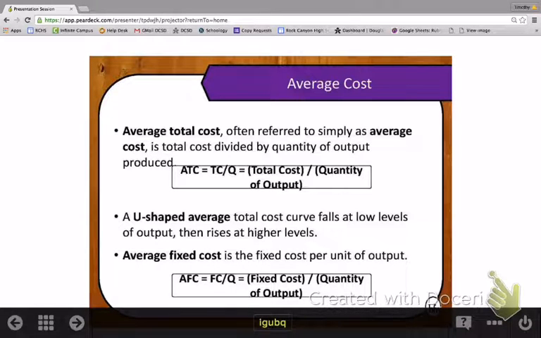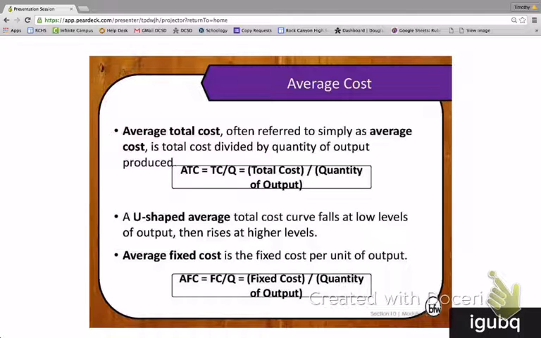Another important concept to understand is average cost of production. Average total cost is the total cost divided by the level of output, sometimes called average cost, unit cost, or per unit cost. So the equation for that is ATC equals TC divided by Q. We can isolate the variable and fixed costs from the total and compute per unit variable, average variable, and per unit fixed or average fixed costs as well.